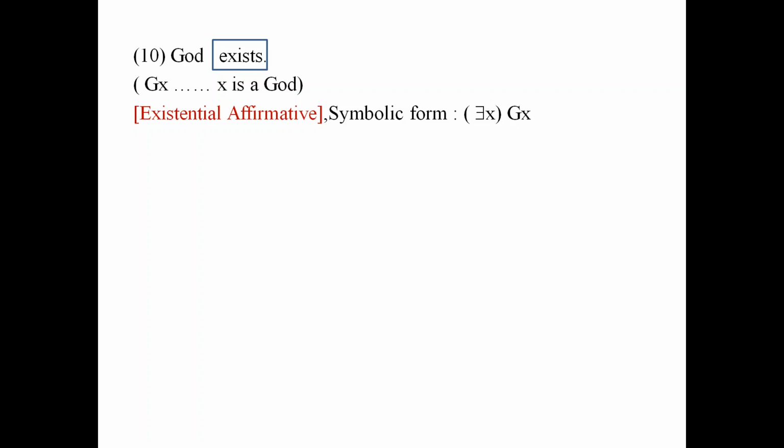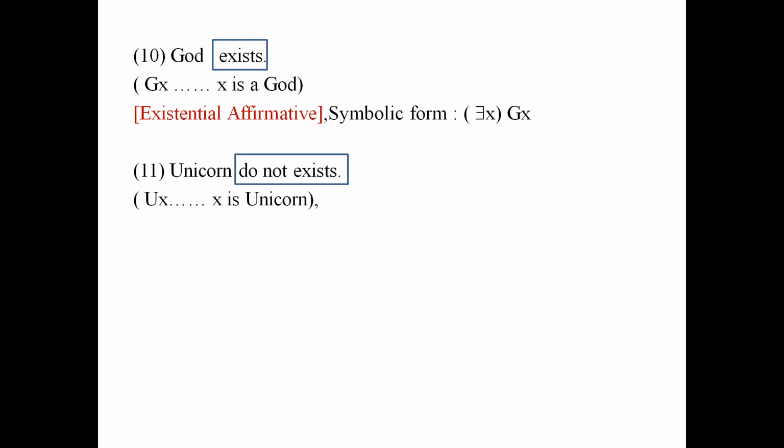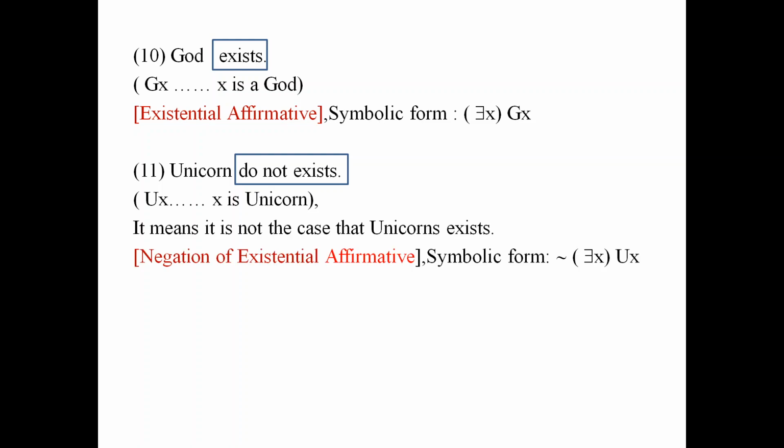Then 11th, unicorns do not exist. It means it is not the case that unicorns exist. It is the negation of an existential affirmative proposition. The symbolic form will be curl existential quantifier phi x. You have to replace phi by capital U, the predicate constant.